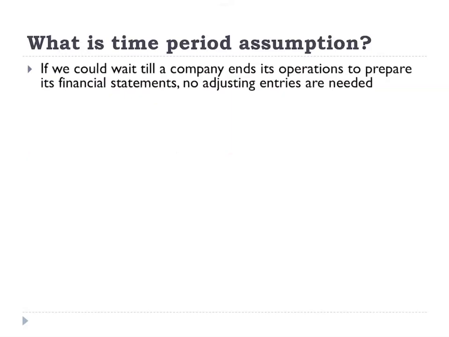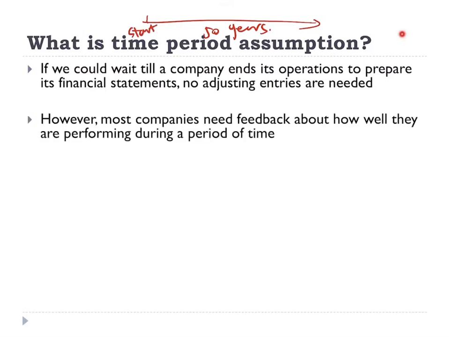If you think about how firms operate, they operate continuously. So for example, a firm may be established 50 years ago and it continues operating for 50 years. One way to do accounting is we can just wait from the start of the firm until the firm dissolves at the end, either through bankruptcy or dissolving by itself.